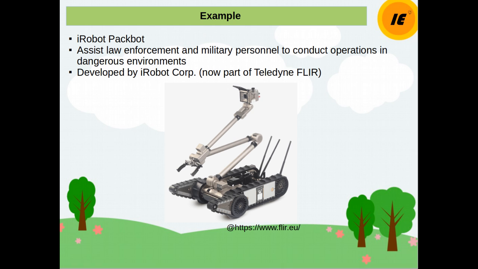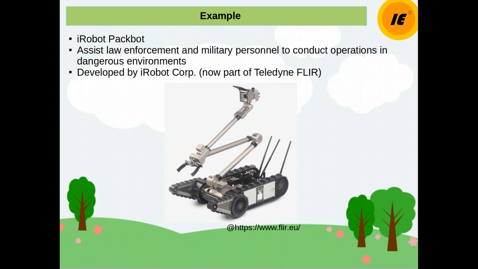For example, PackBot robots were used to help search for survivors in the wreckage of the World Trade Center in September 2001, and were the first robots to enter the damaged Fukushima nuclear power plant after the 2011 earthquake and tsunami.